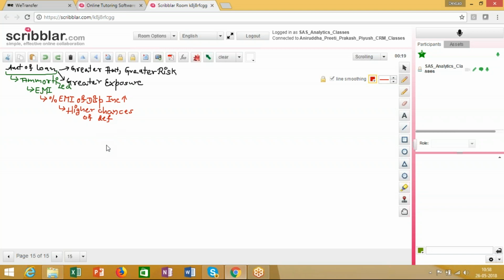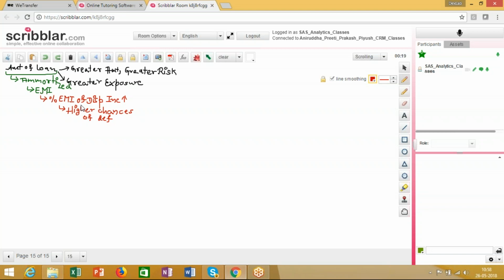So the higher the percentage of EMI as a part of the disposable income is, the higher are the chances of default, because the borrower will have a lesser fraction of the income to be spent as the EMI, right? So these are some of the factors, right?